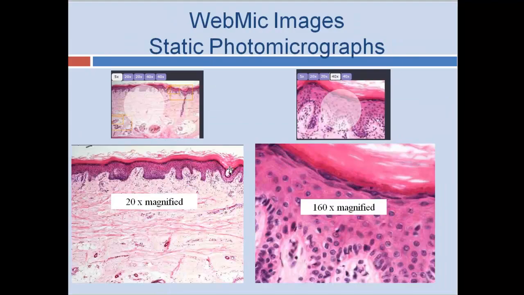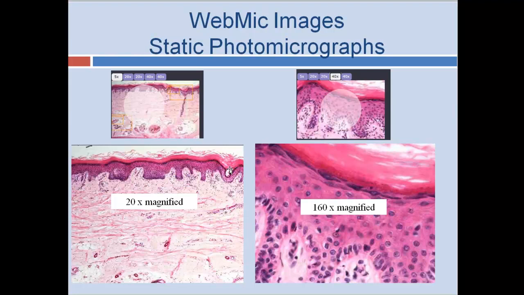Now, in the course, you're going to be looking at specimens in WebMic, and I just put a couple of examples. On the left is a skin, and on the right is also skin. On the left, you can see on the tab above, you have 5x, 20x, 40x tabs. You'll be able to click through those tabs and see increased magnification.